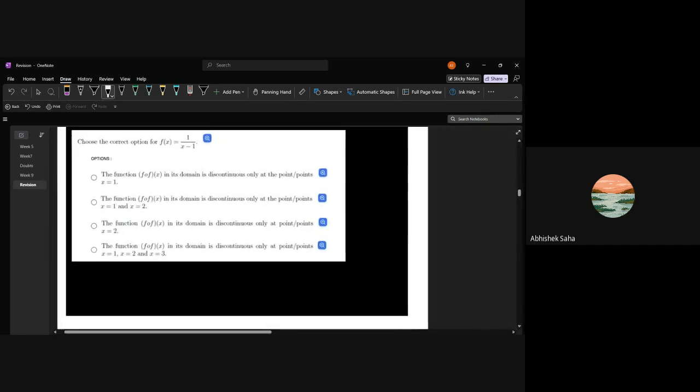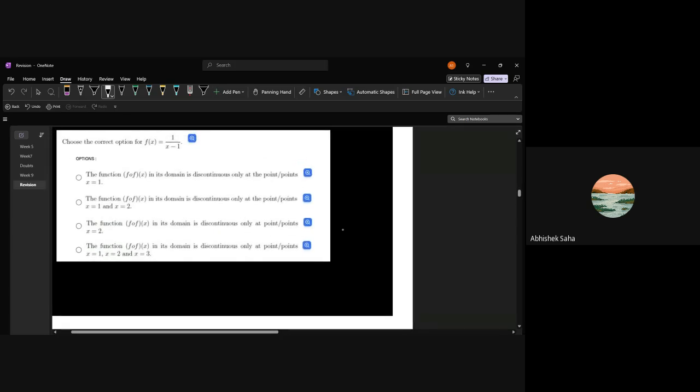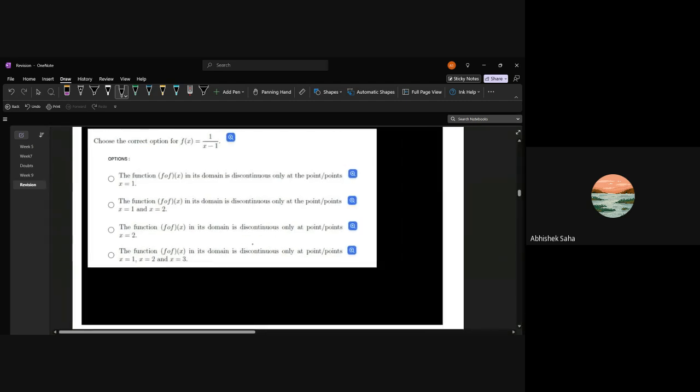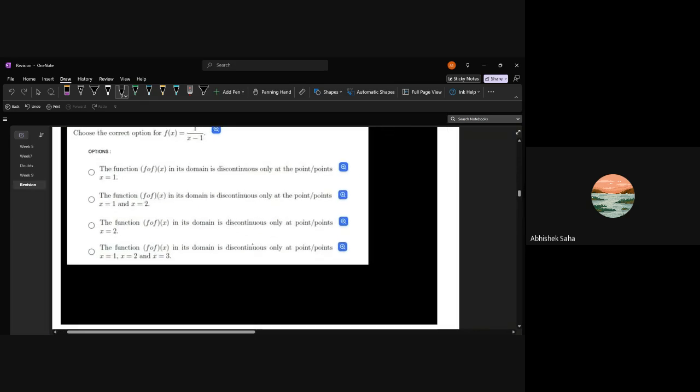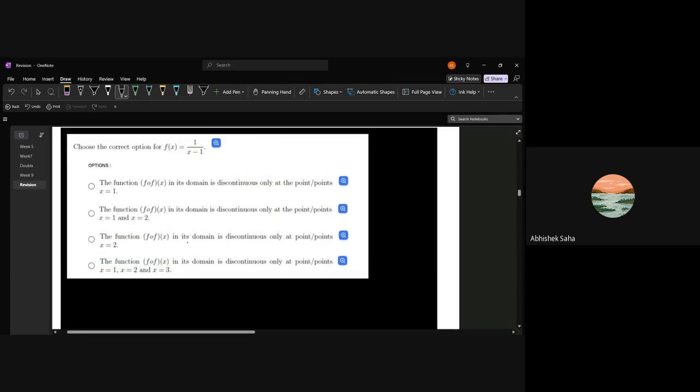In this problem you have to find f of g of x. So first calculate what f of g of x is, and at which point this function will be discontinuous in its domain. So let's check. Let's find f of f of x.